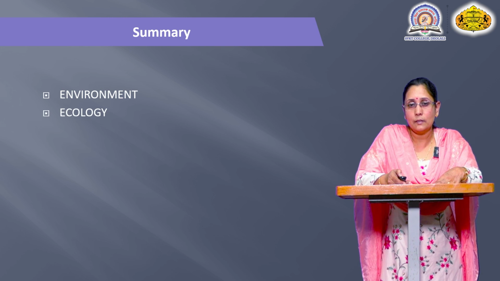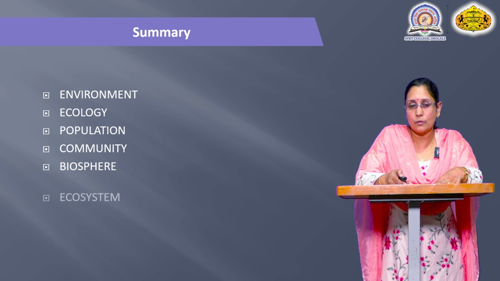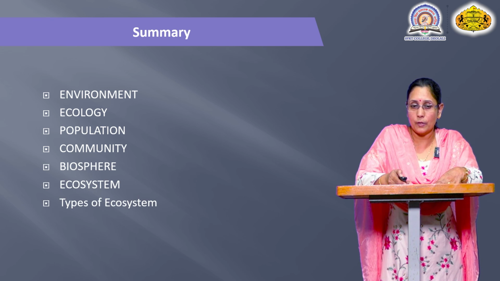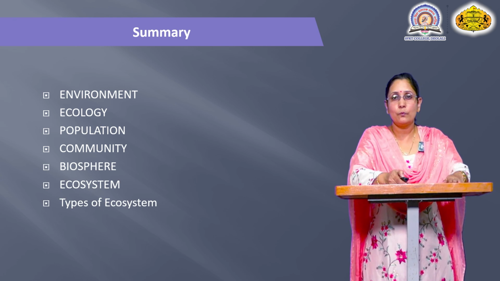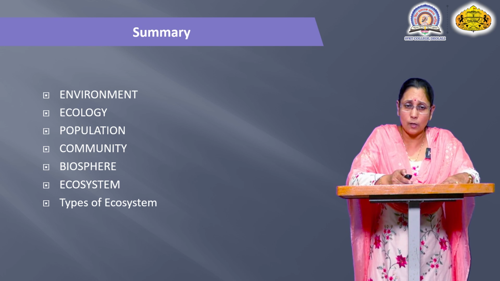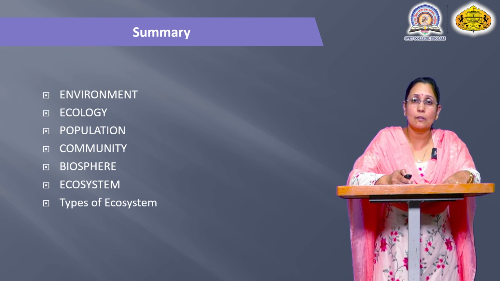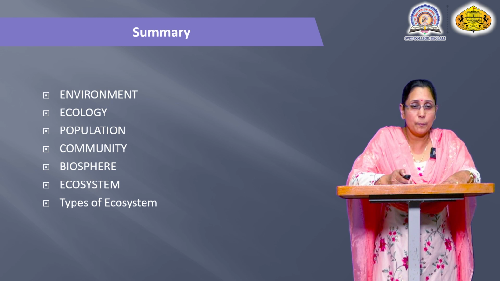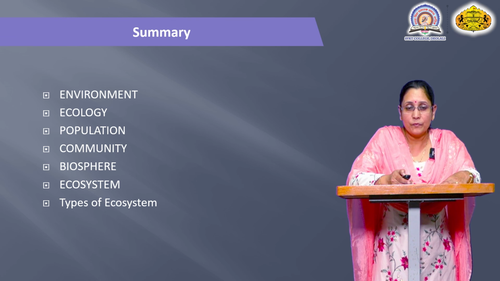So these are the parts or terms related to ecology which we have learned today. First of all, we saw the environment from which the term ecology belongs. Second, we saw the ecology and the difference between environment and ecology. The next terms were population and community, and again we saw the difference between population and community.